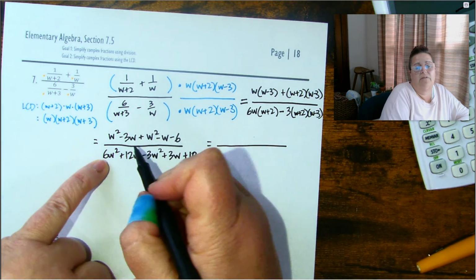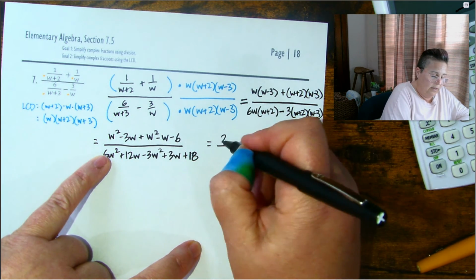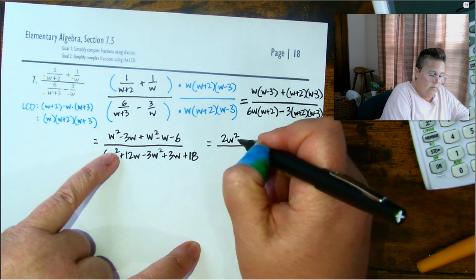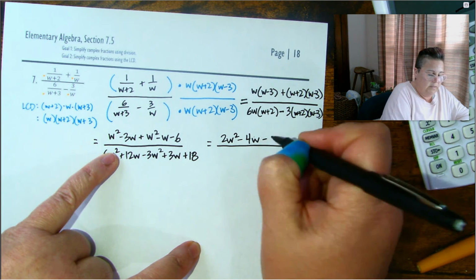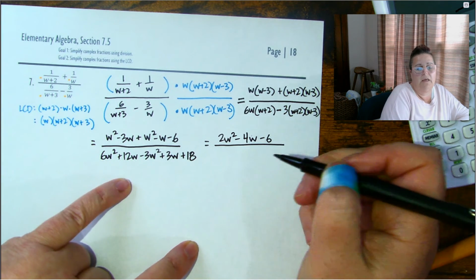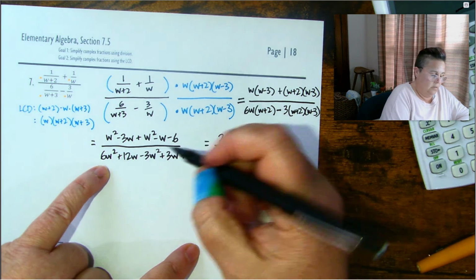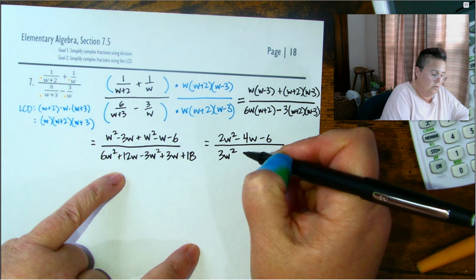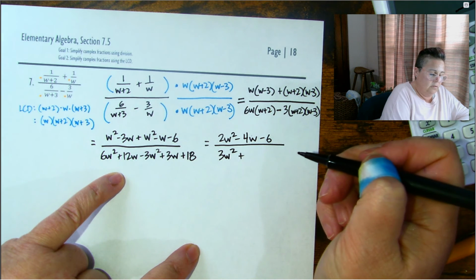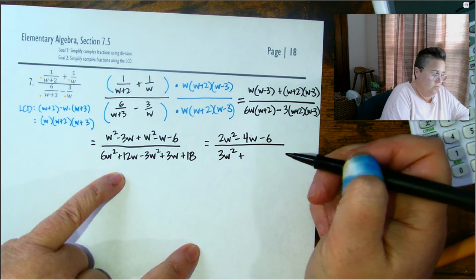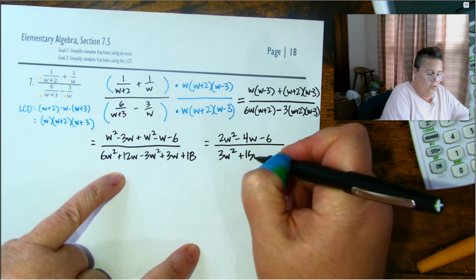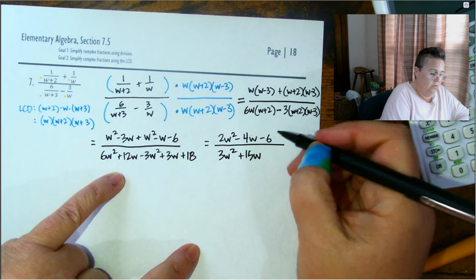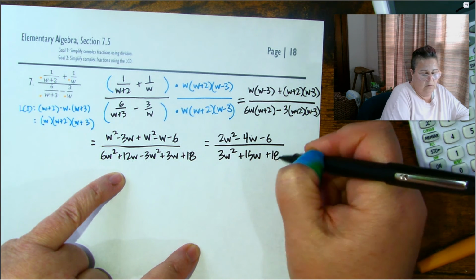Okay, still simplifying the top. I've got a 2w squared minus 4w minus 6, over 6w squared minus 3w squared, plus, is it going to be 15w? Plus 15w plus 18.